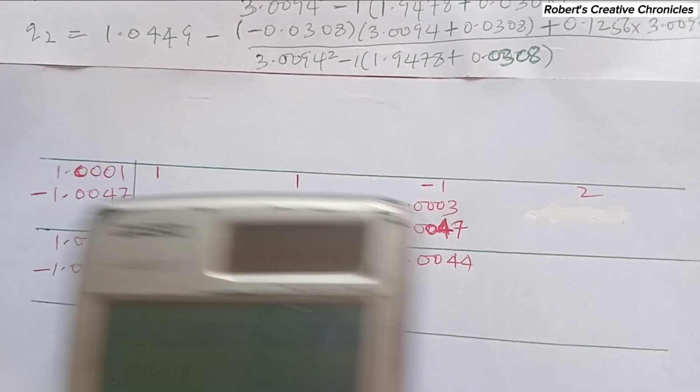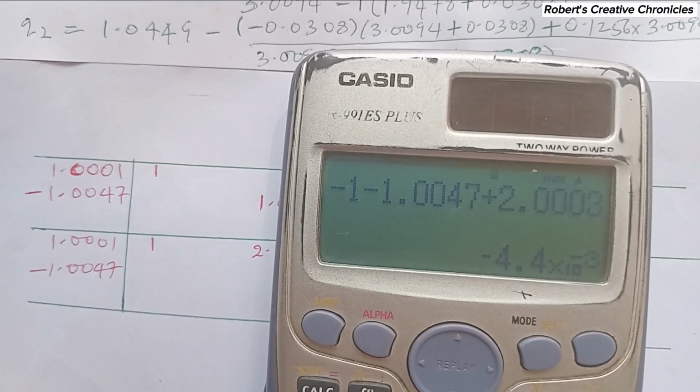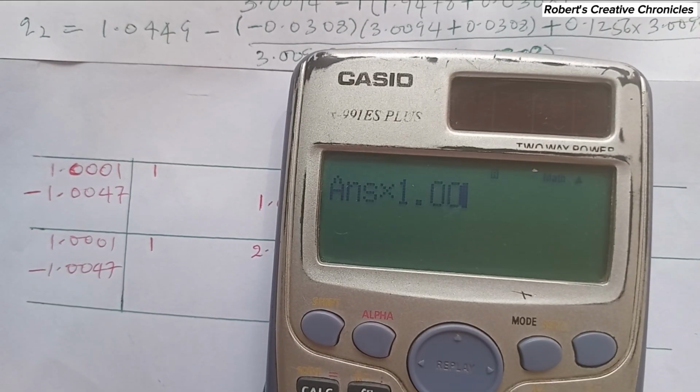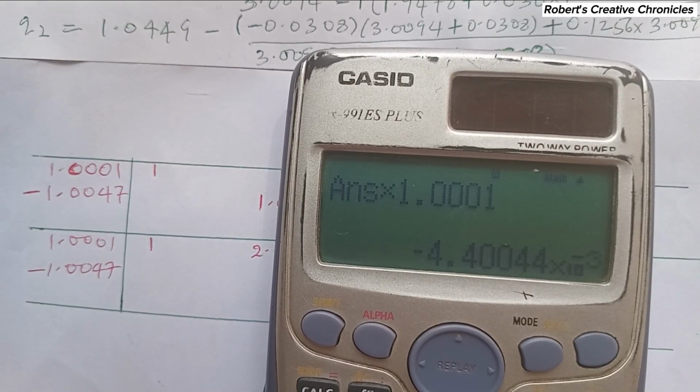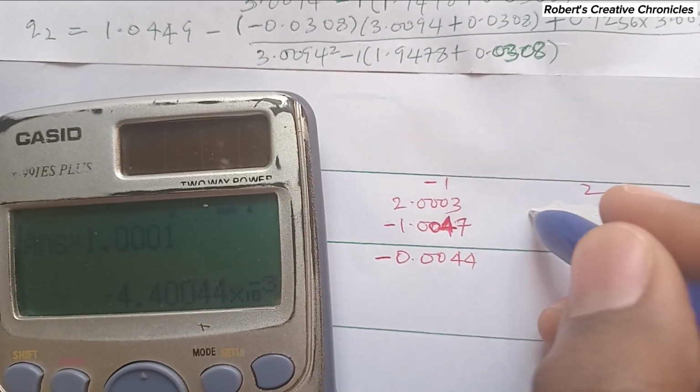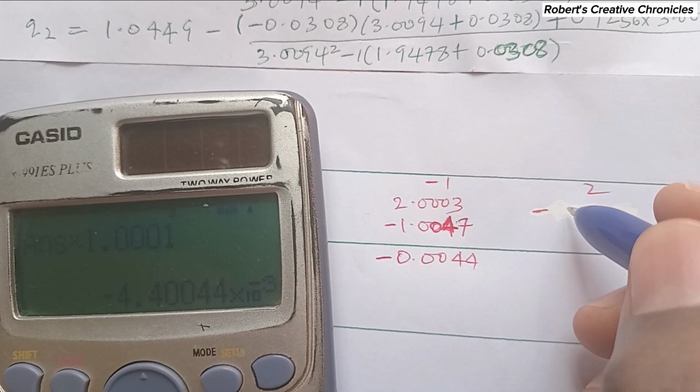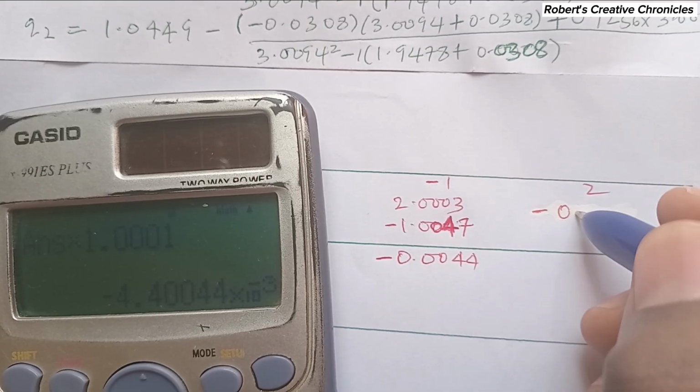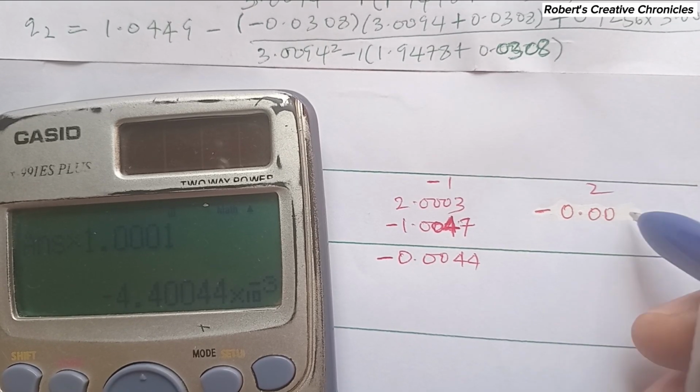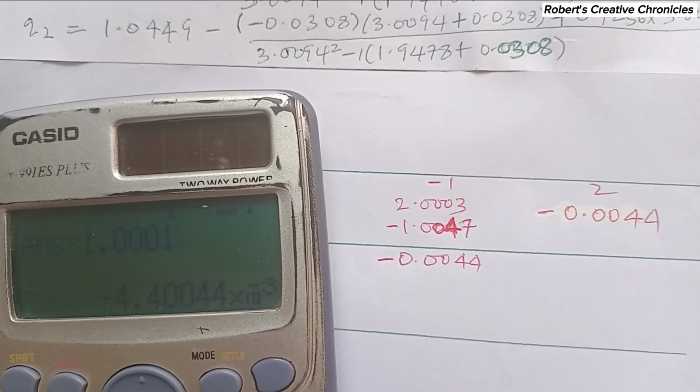Then this times the first one, so it's what? Negative 0.0044 also.